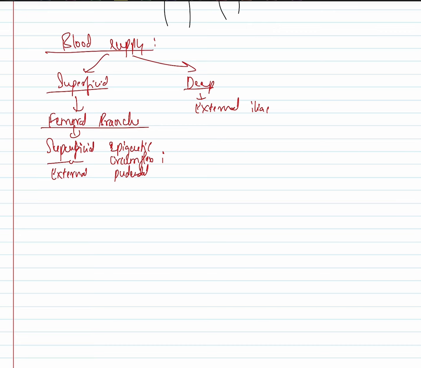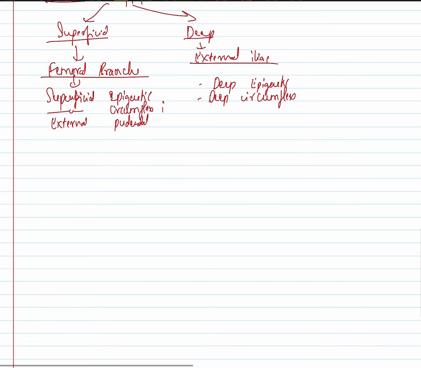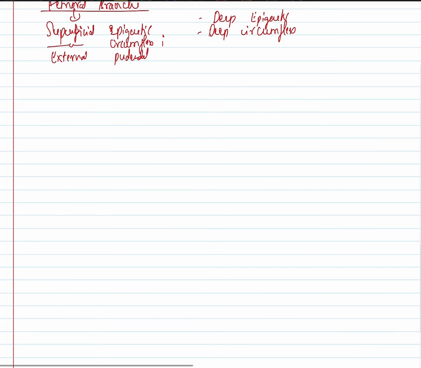Okay, deep, by the external iliac, the branches are your deep epigastric and deep circumflex. So see what happens is, if this is your umbilicus, this is your pubic symphysis.